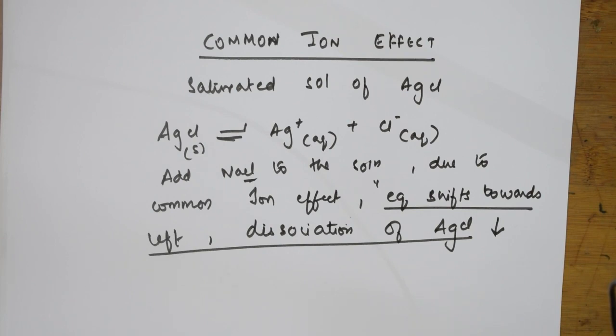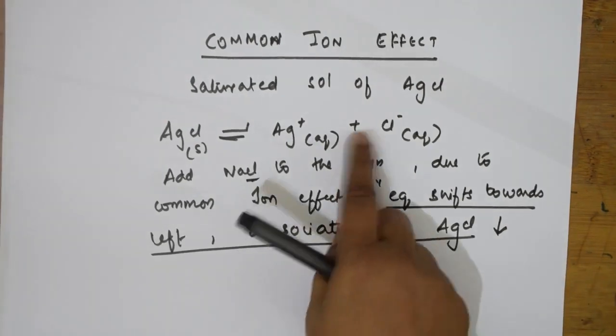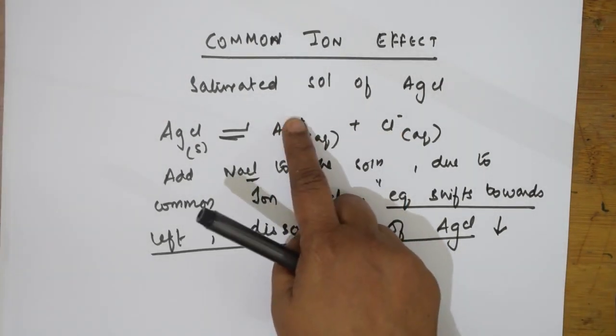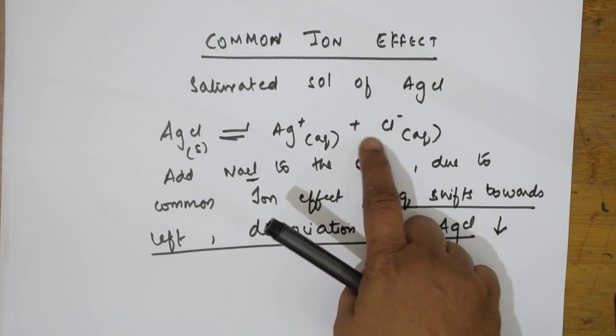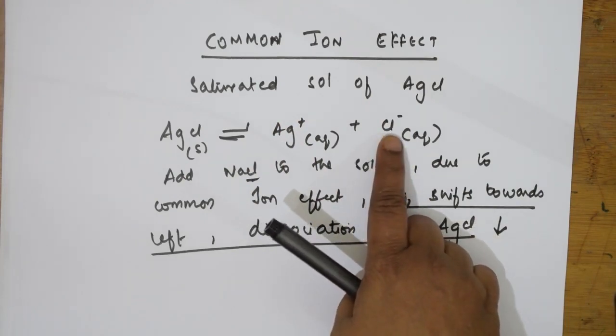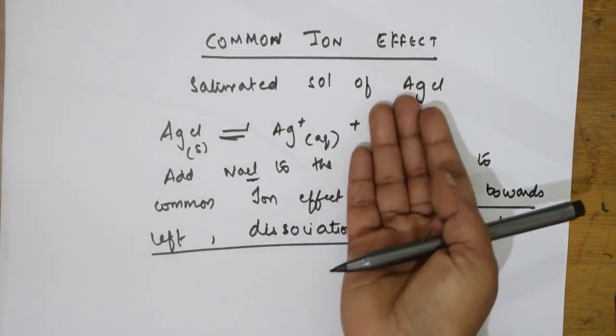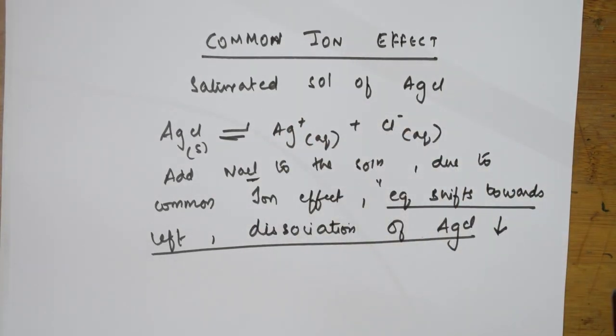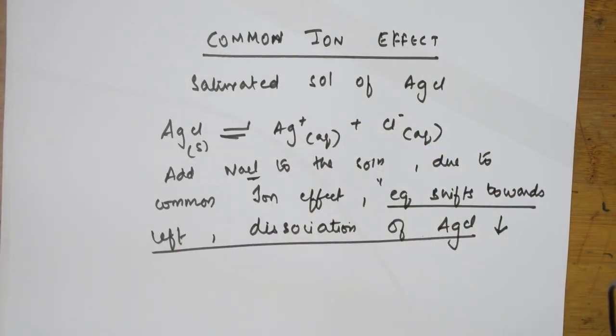This phenomenon is used in qualitative analysis to adjust the concentration wherever you require, because you are reducing one ion and increasing the other by adding it. So the common ion effect is used in qualitative analysis, for example for the second group. This is your common ion effect.